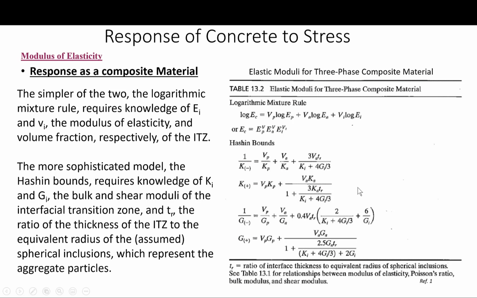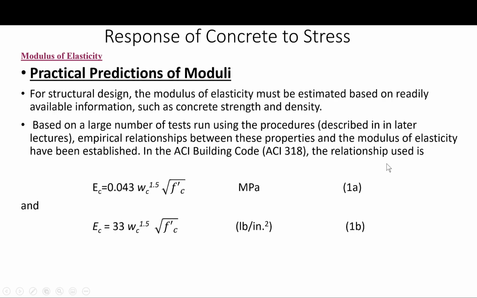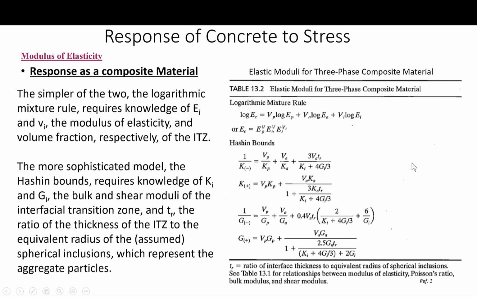As you can see, these are more sophisticated, complicated mathematical models to calculate the modulus of elasticity of concrete as a three-phase model. As I said, I'm just presenting these as a reference on the science behind what went on to determine the modulus of elasticity of concrete.